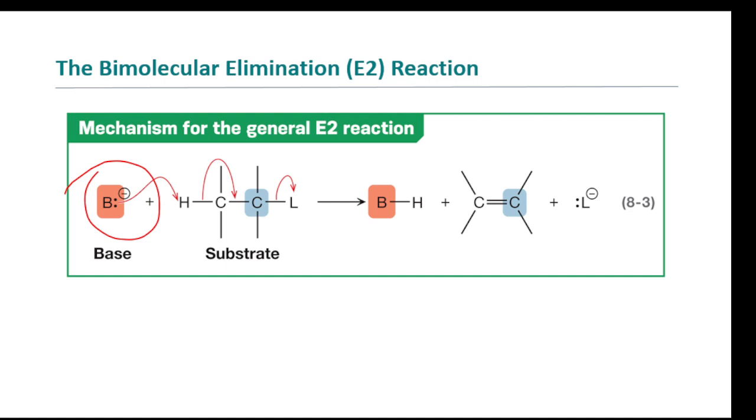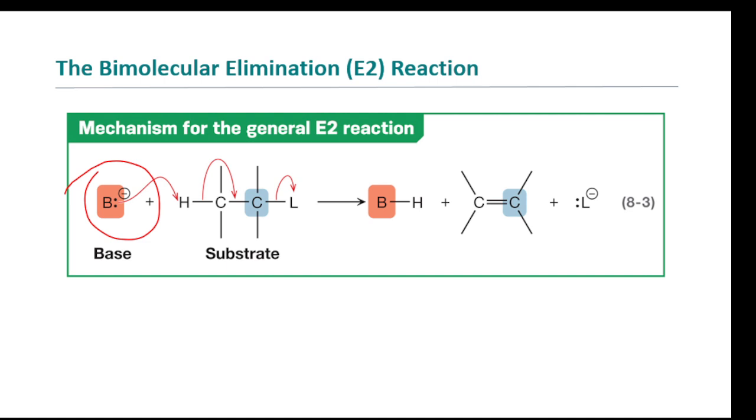Okay, so what's the big difference between a base and a nucleophile? So a nucleophile donates electrons, right? A base donates electrons. A base does it to protons, but electrophiles can do it to protons. What's the big difference? Most nucleophiles are bases as well.